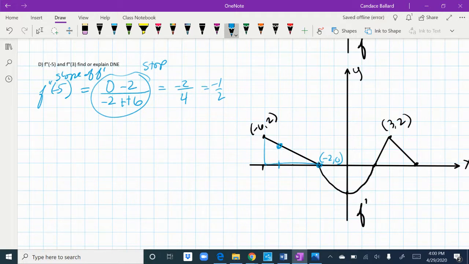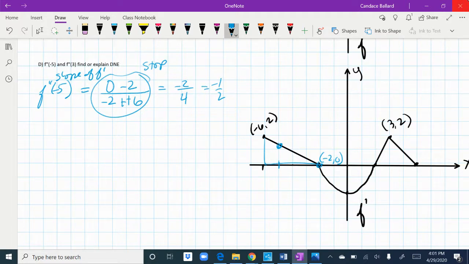Now, the other one's a little trickier. Notice it said that funny thing in there, "or explain why it does not exist." Why would they put that in there if they weren't going to use it? In order for us to have a slope or a derivative, I cannot have a corner or a cusp.